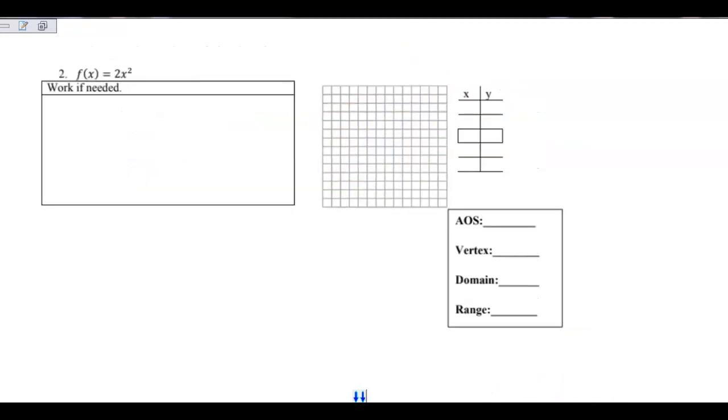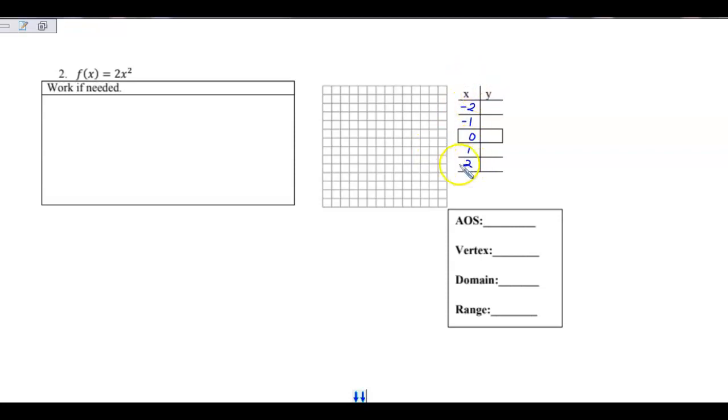Alright, so this one I have f of x, so the function of x is 2x squared. I am going to pick 5 values for x: -2, -1, 0, 1, and 2.